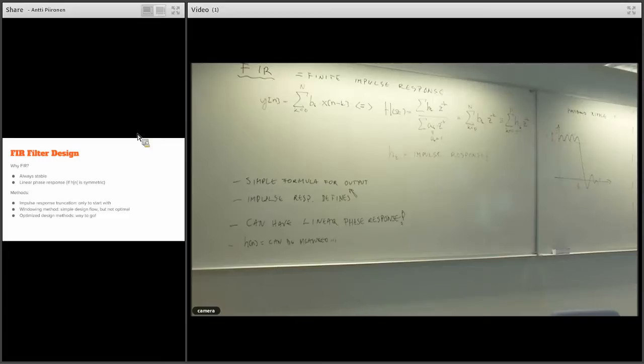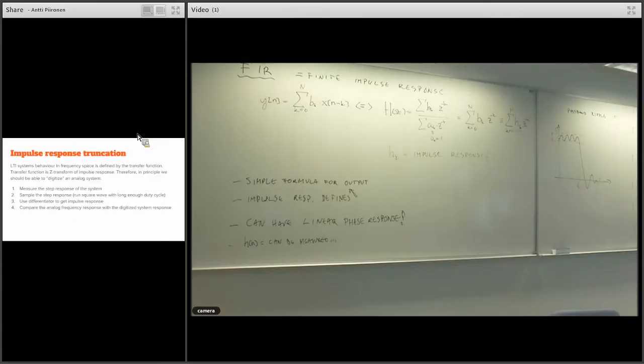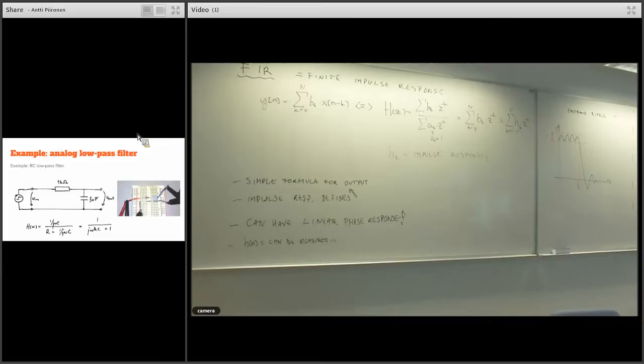Another one is the windowing method, which is a usable way of making these FIR filters, but it's not optimized or optimal in many ways. And then there are the real methods, which are always the optimized design methods.